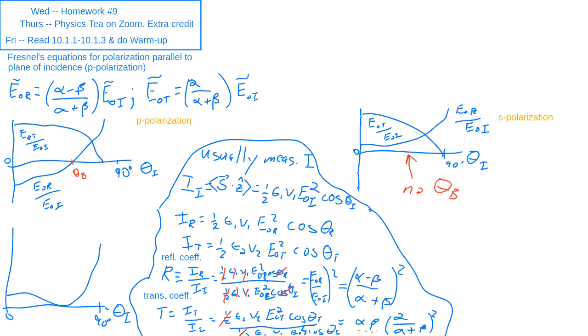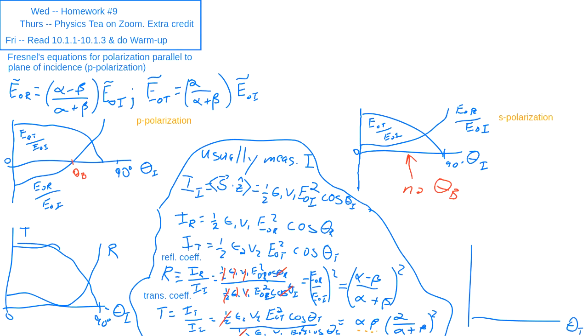So this is my reflection coefficient right there, and our transmission coefficient is going to start at 1 and drop down to 0. And it's got to actually kind of go up and then down. So that's supposed to be my transmission coefficient right here. Yeah, I'm narrating as I draw. My apologies.